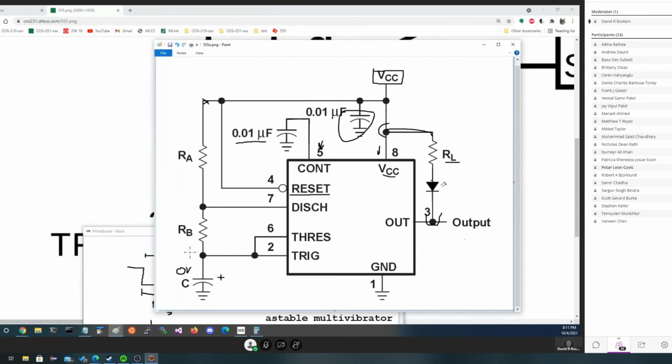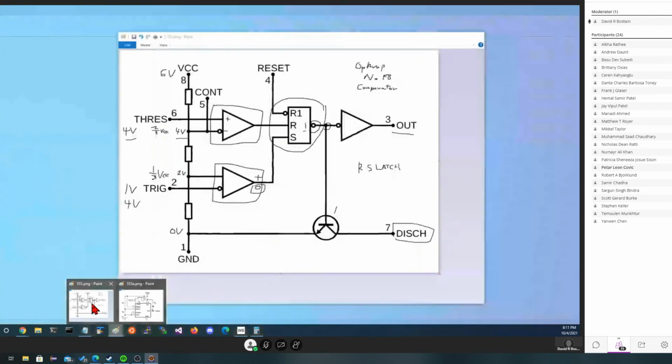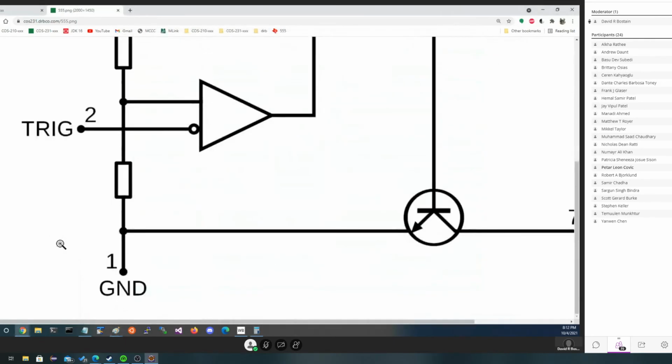That means that bottom relay, do I have it still open somewhere? No, I don't. The bottom relay is going to have, yes, I do. Bottom relay is going to have 2 volts on it, which is positive, which means he's pushing the set button. If he's pushing set, that means output is high, this is low, the transistor is turned off.